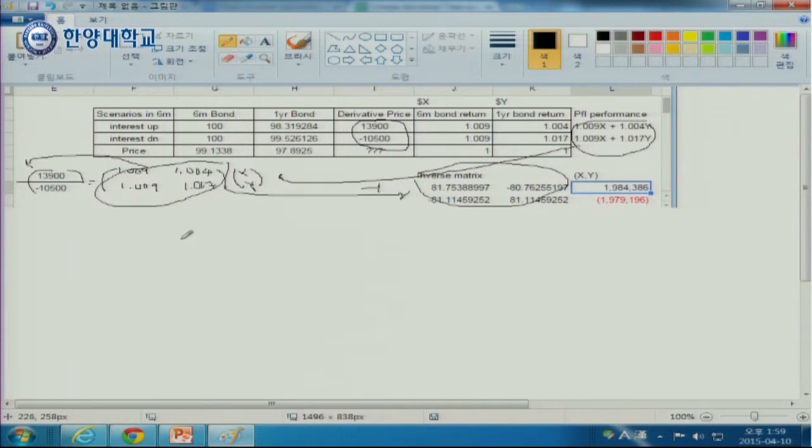So in case of bond derivative payoff, let's say derivative payoff is du and dd. This is the derivative payoff when interest rate is up and interest rate is down. And then we are basically solving for x and y.